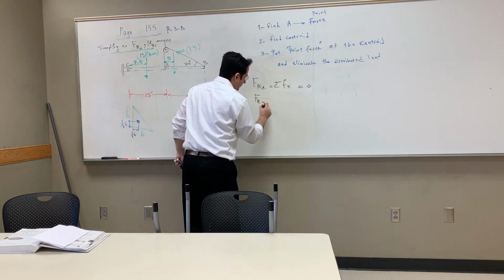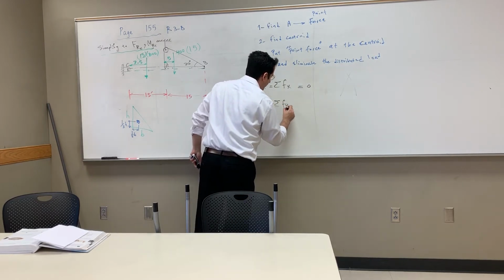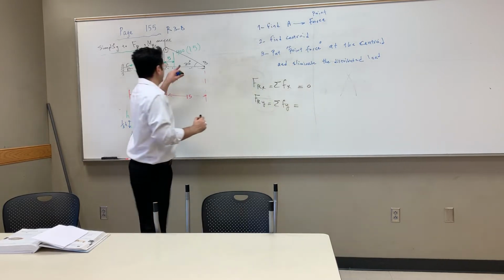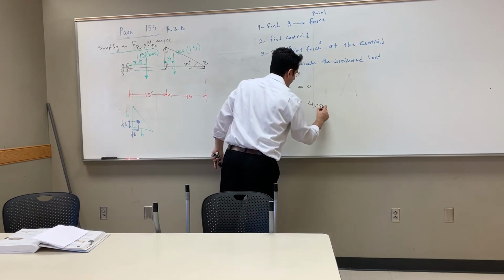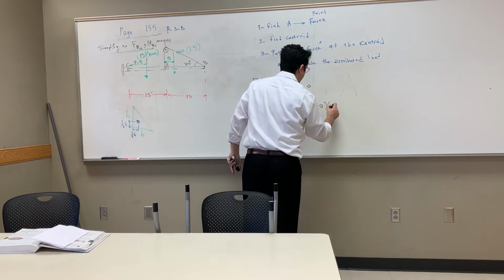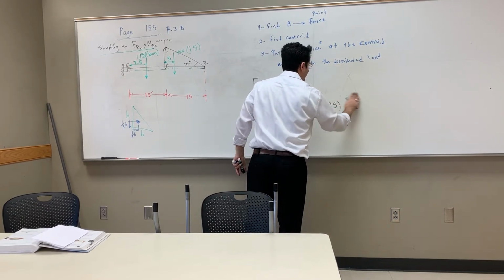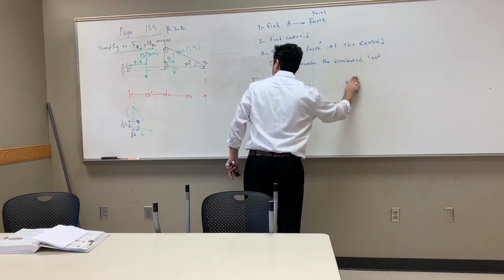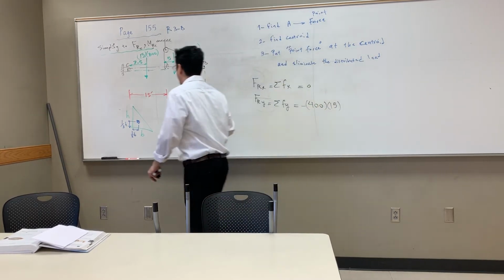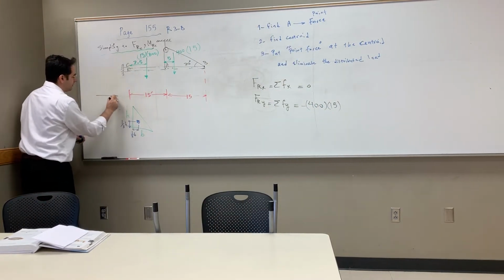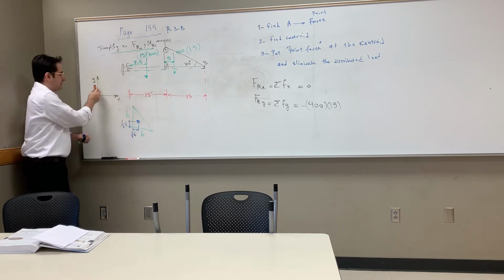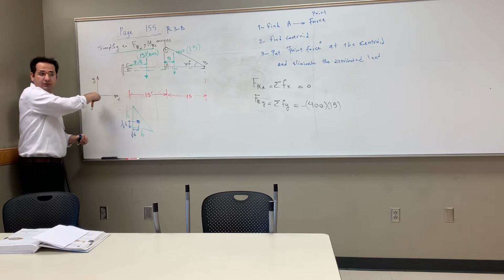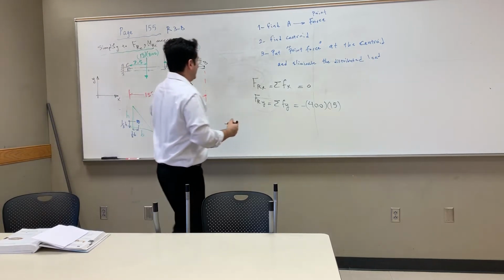Resultant force, the y component, sum of all y components. 400 times 15, positive or negative? Negative, thank you. So again, if this is your reference coordinate, xy, this is positive, this is negative, going down, right?